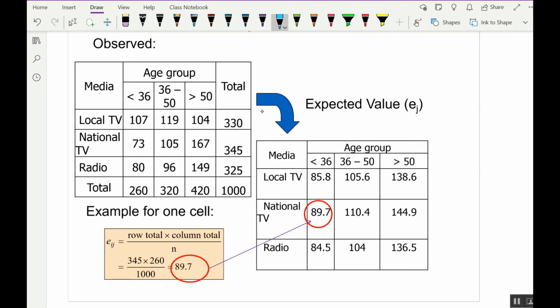They take the row, for example 89.7. How do they get this?